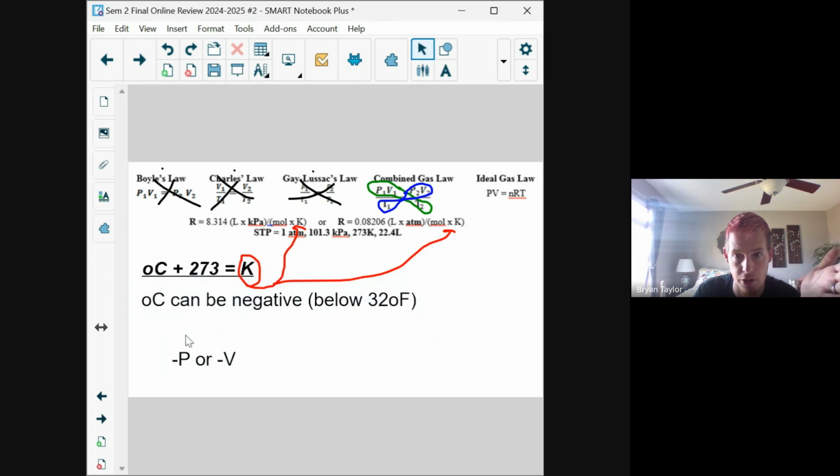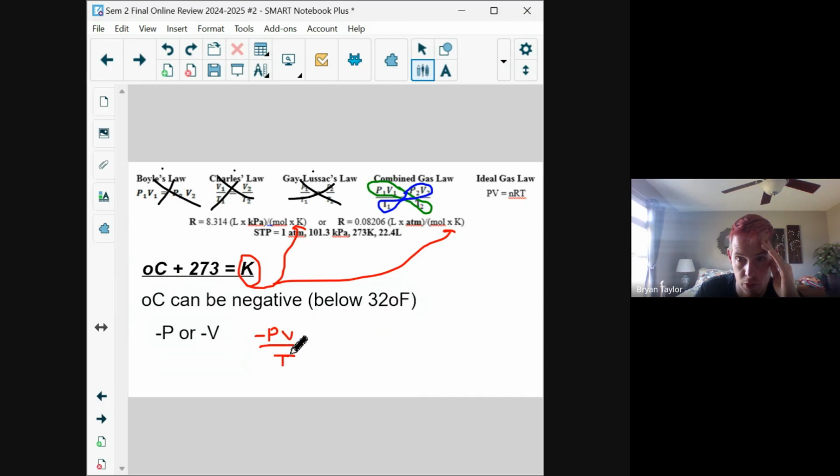That's not good. So what ends up happening is if you have a negative, like if I have a negative P, and I'm solving this, and again, I'm not doing the whole thing, but I think it'll make sense.